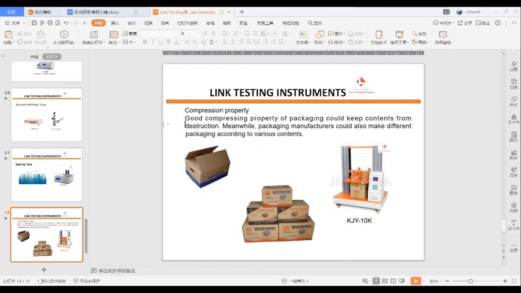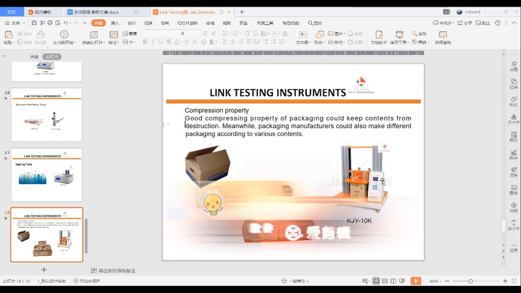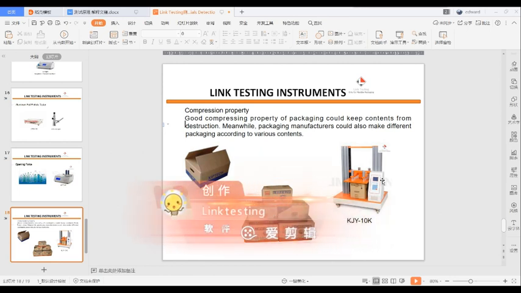So we need to test how much force or strength your carton or packaging can bear. We use the machine to find that this carton can bear maybe 1,000 newtons, 2,000 newtons, or 5,000 newtons, and it will give you a suggestion of how many layers this carton can be stacked in your warehouse.